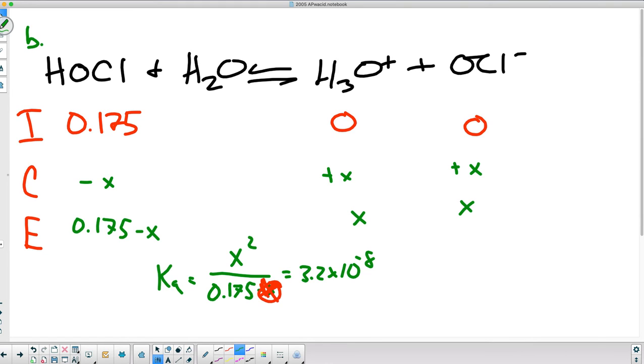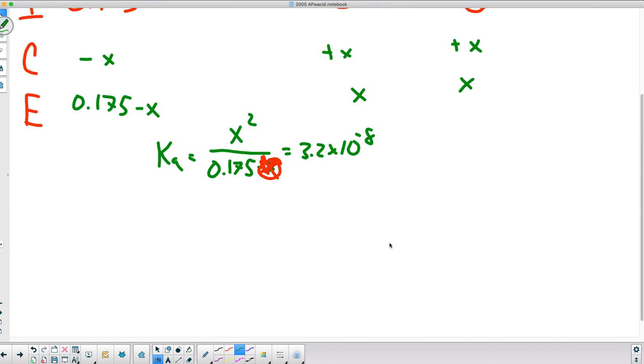So now I'm just going to multiply the 0.175 times the 3.2 times 10 to the negative 8th. What I get is x squared equals 5.6 times 10 to the negative 9th.